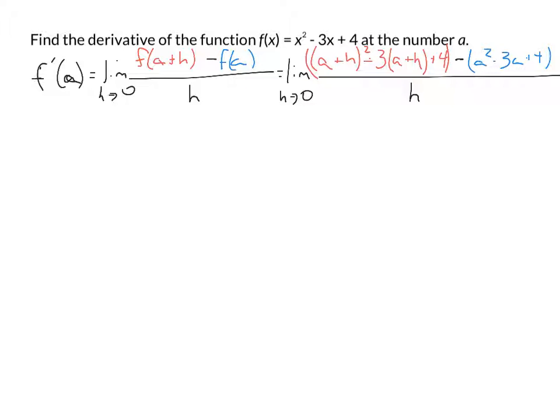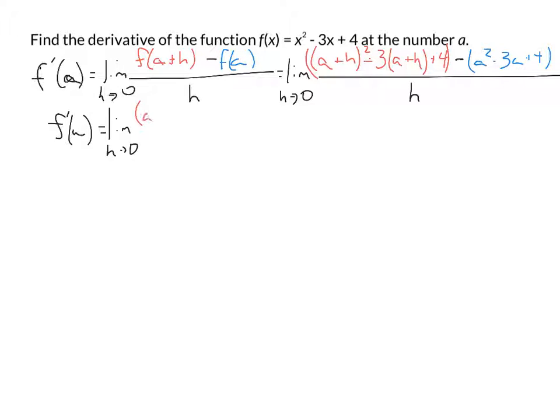So going back through this, we have the derivative of f is our limit as h approaches 0 of, so if we do a plus h squared, that's a FOIL process, a plus h times a plus h.